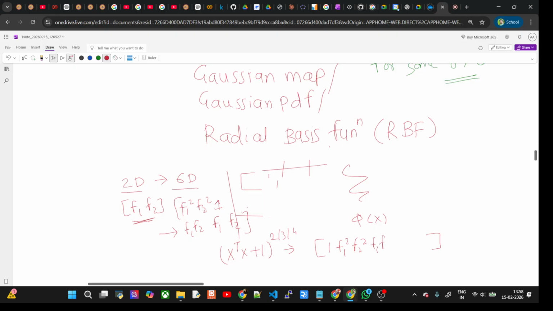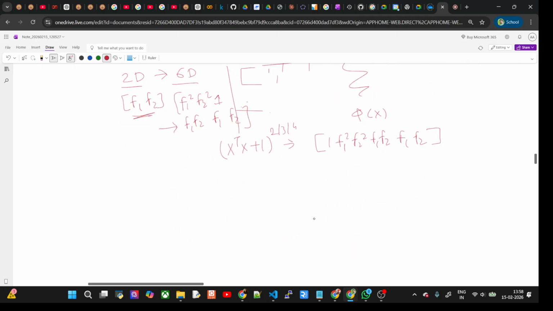But what will happen in this exponential or RBF, radial basis function, that is the point. In the radial basis function you are mapping your lower dimension data to an infinite dimension space. This is the main thing in the exponential or Gaussian map or radial basis function.